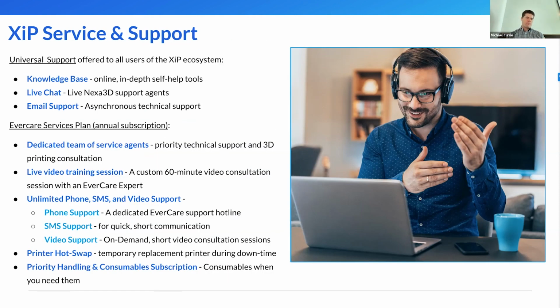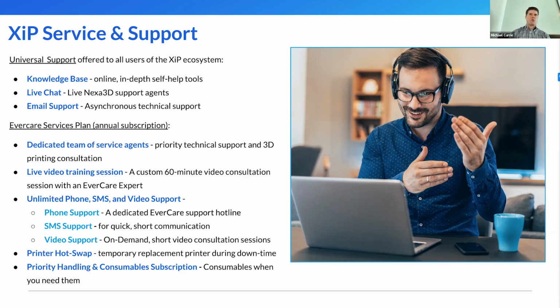For XiP, we have 2 levels of servicing support. We have a universal support, which is free access to anyone, whether you've purchased a printer or not. You may have a student who downloads the free version of NextX and uses a departmental machine. That person can still access our knowledge base, live chat and email support.